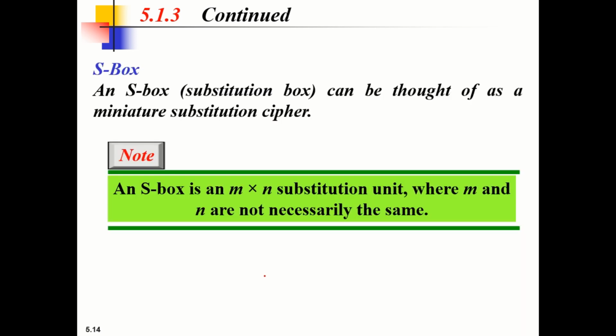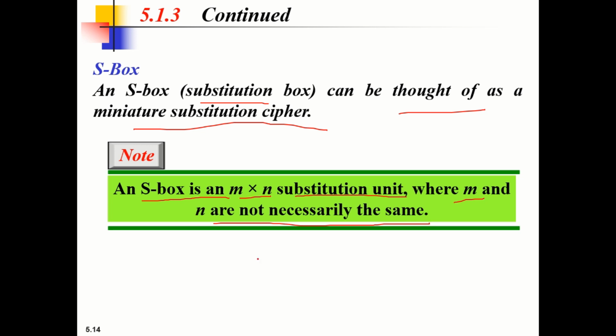Next comes the S box, which is called the substitution box. It can be thought of as a miniature substitution cipher. So the process will be the same. We'll be substituting the bits. It says that an S box is an M by N substitution unit where M and N are not necessarily the same.